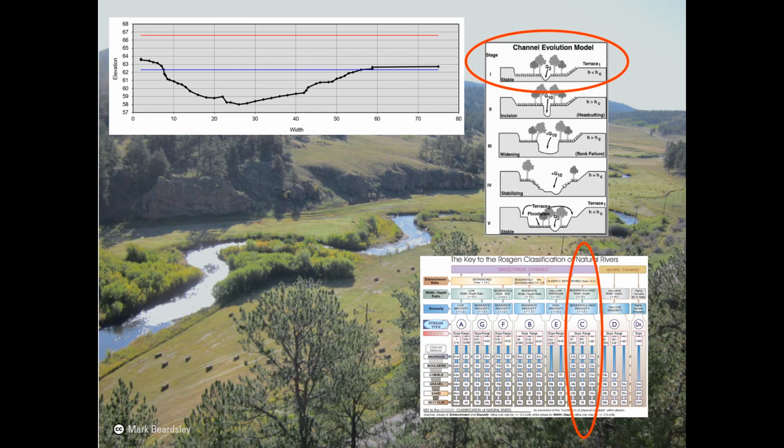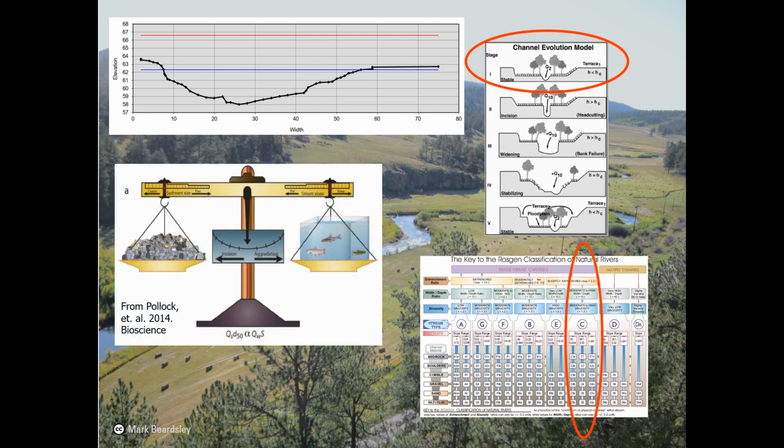This cross-section shows the channel dimension of our example stream, neatly designed to contain bankfull discharge, which is the blue line. This is the channel form that theoretically satisfies the physical equations balancing sediment and water discharge according to Lane's balance. It's what my generation of river restoration practitioners was taught to strive for.